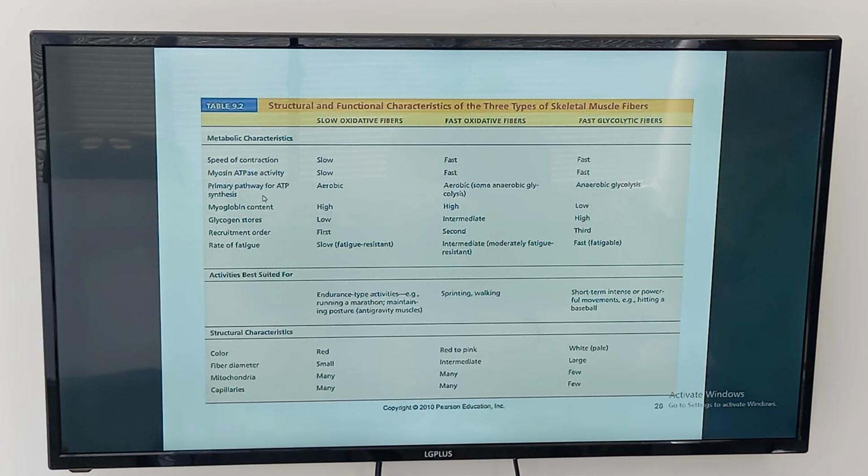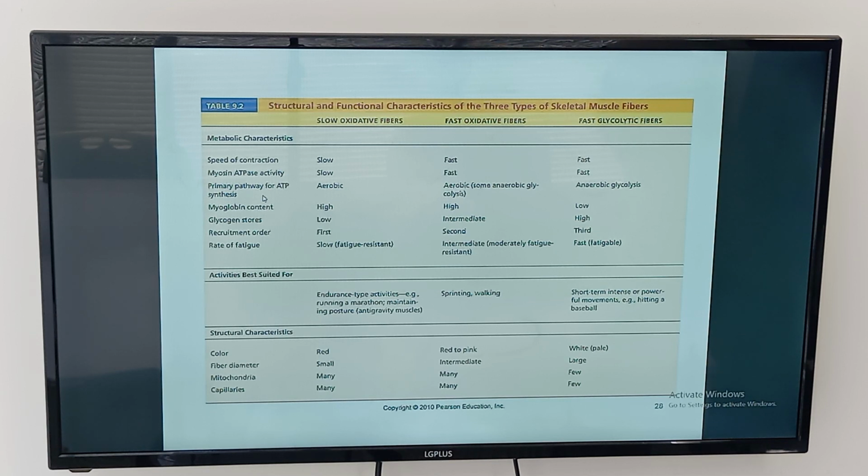However, in the case of fast oxidative, we'll have some anaerobic glycolysis, but in the fast glycolytic we'll have anaerobic glycolysis. We have the myoglobin content in the slow and the fast oxidative will have high content. However, in the fast glycolytic fiber we'll have low.